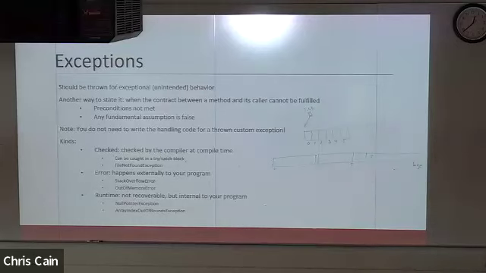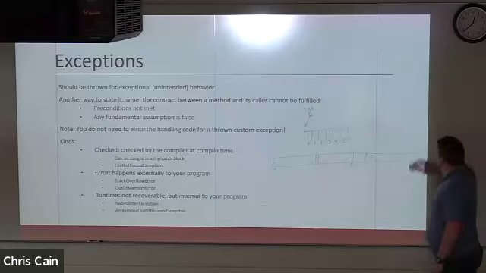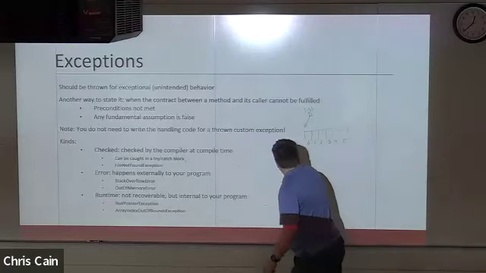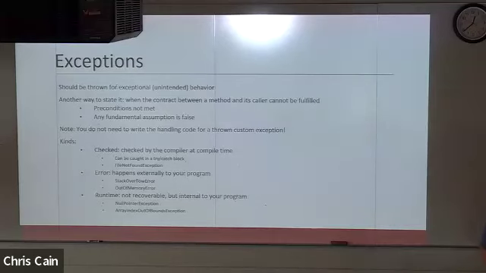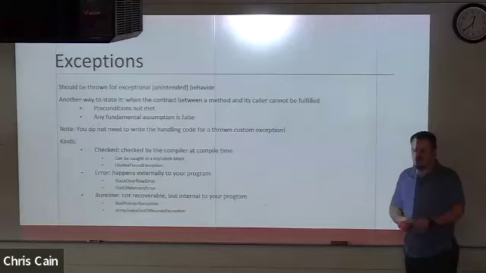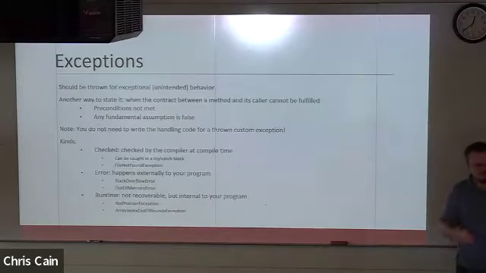I'll throw an array index out of bounds exception instead. Questions about exceptions, the different classes of exceptions? You can throw any of these exceptions in your own program. And it's very useful to be able to communicate to someone that something went wrong.